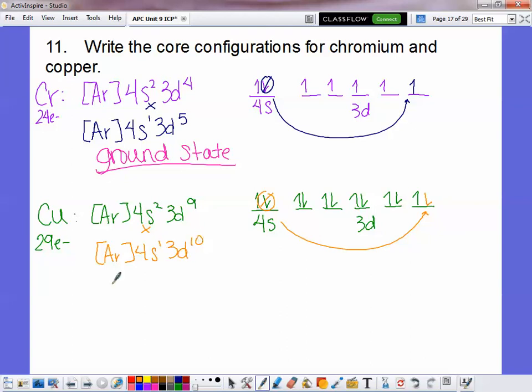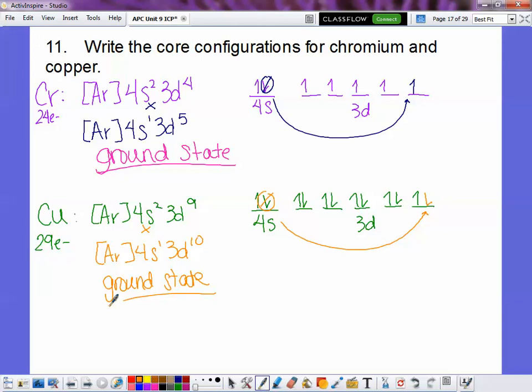Again, this is the ground state for copper. It's just a little bit more stable for the 3d to be completely filled and have the 4s only half filled. It would still be considered paramagnetic, yes, because it still has an unpaired electron. It's just not in the 3d, it's in the 4s.